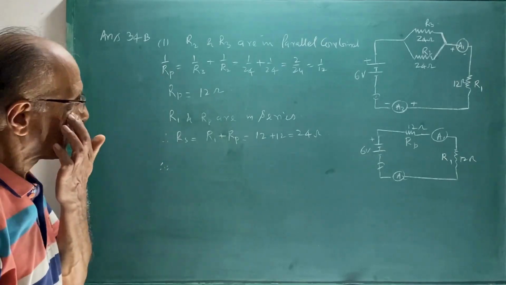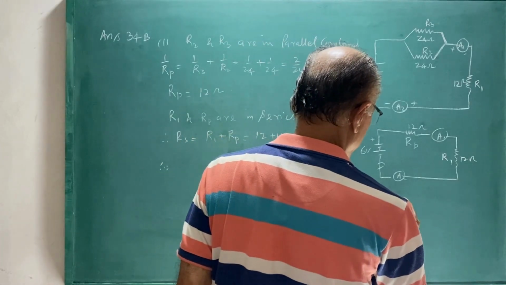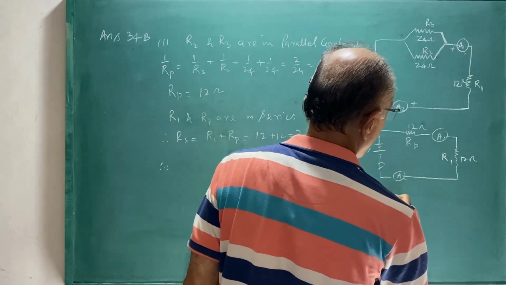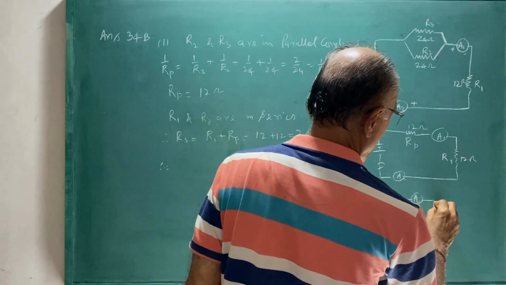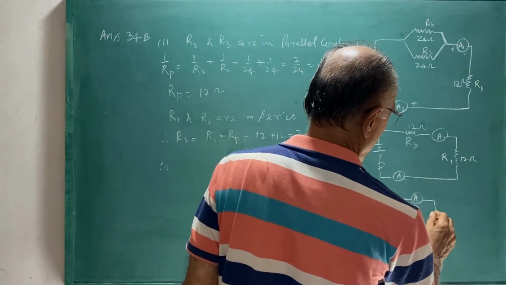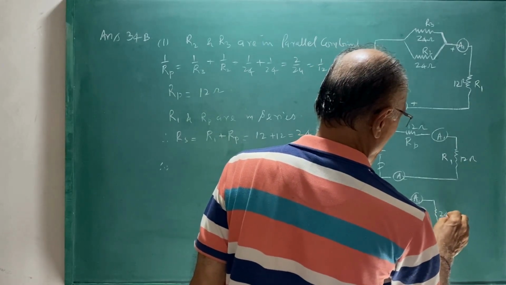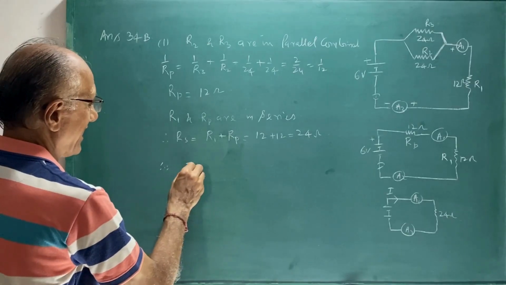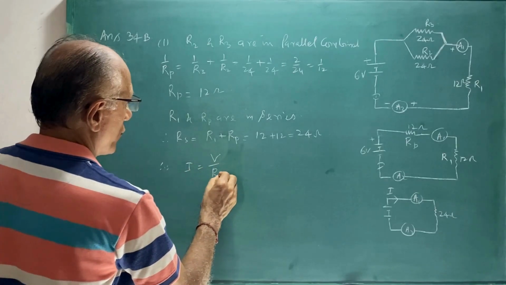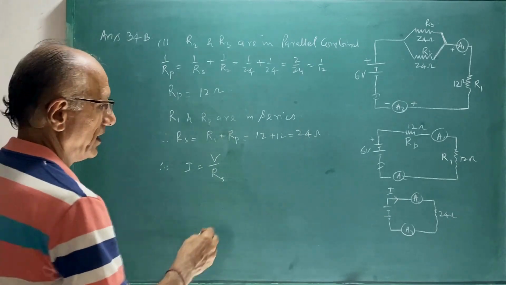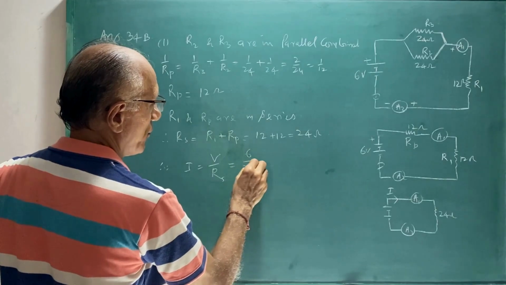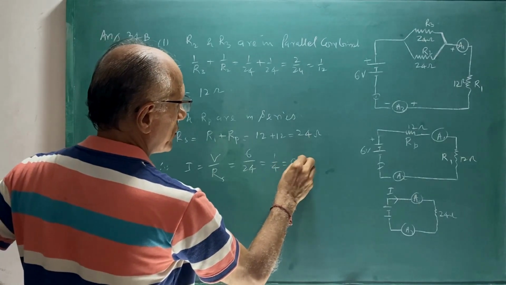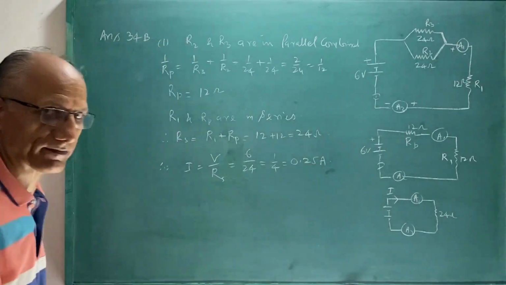Therefore, now finally the circuit becomes 24 ohm. So what will be the current? The current is V upon R total or R series, that means 6 upon 24, that is 1 by 4, that is 0.25 ampere.